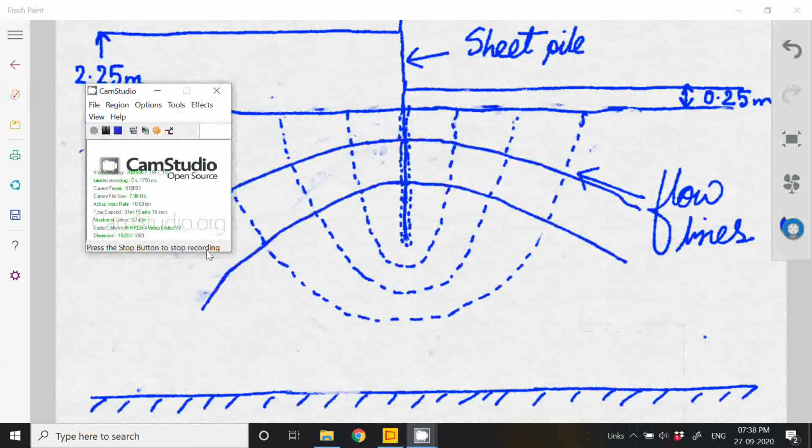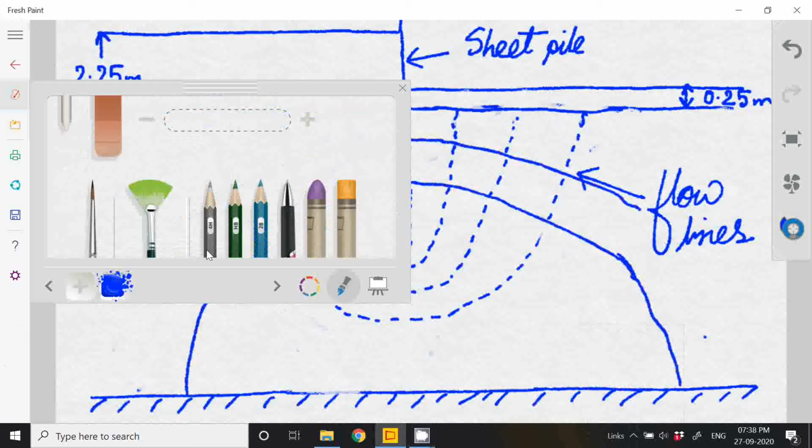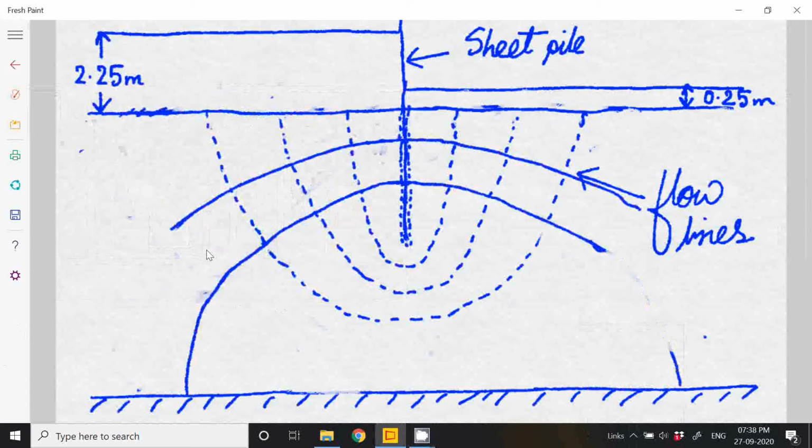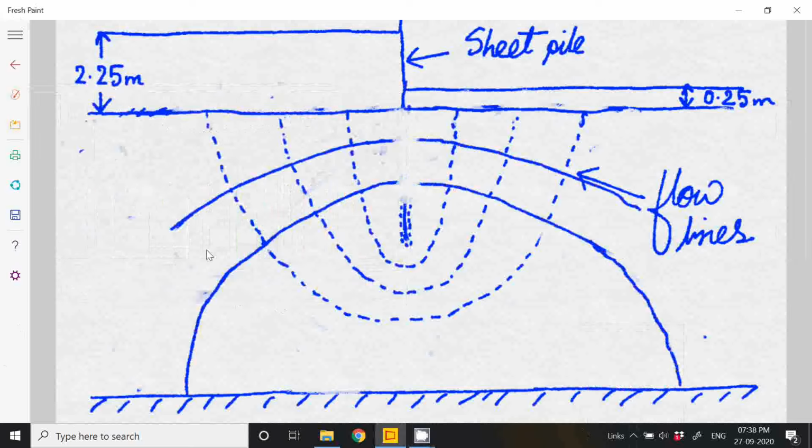I'll extend this drawing and complete these ones, and you copy this drawing along with me. Let me make it a little bit more proper.